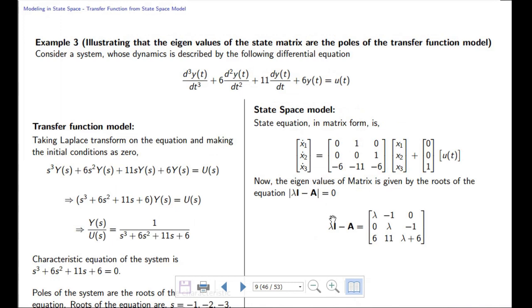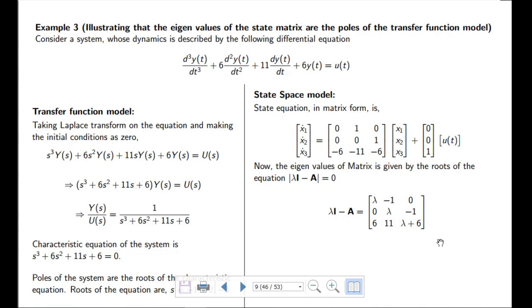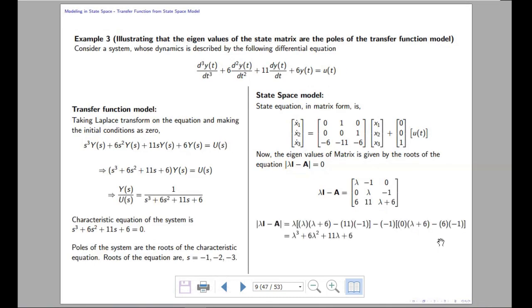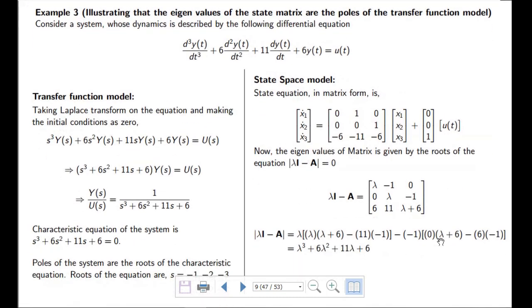So this is what is lambda I minus A. We can get this as the lambda I minus A, and its determinant. This is what is the determinant calculated for this lambda I minus A, and you will get a polynomial in lambda.